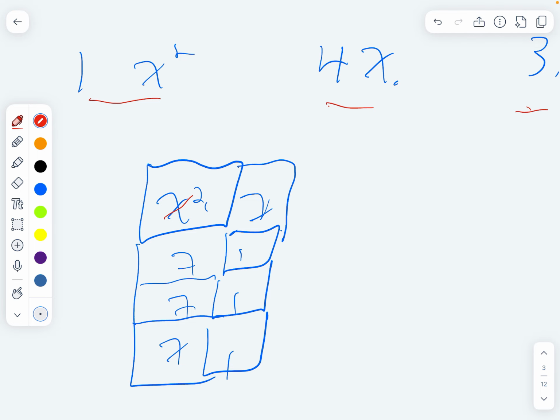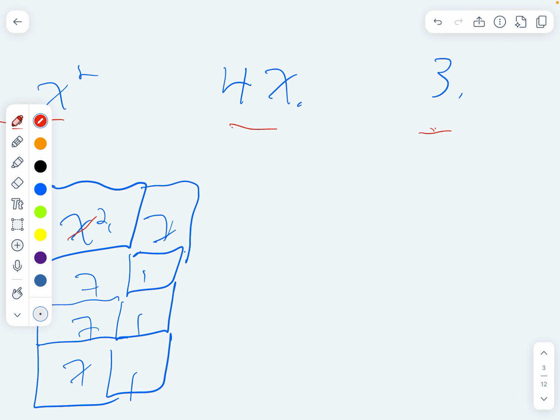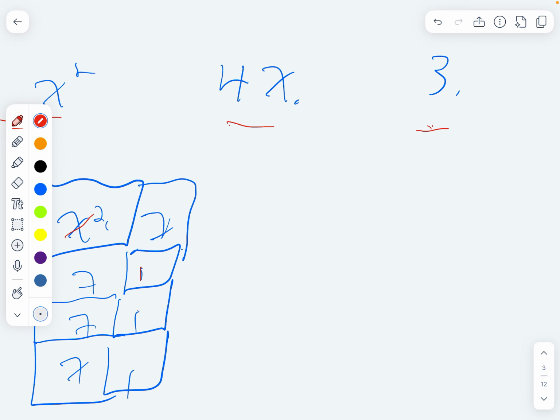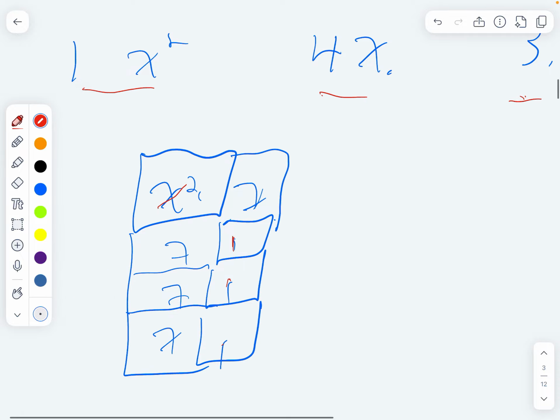Now we draw the 3 unit blocks. Since 3 is an odd number, we can only put it in a vertical way. Then for the 4x, we put 3x here, and above we draw 1x.